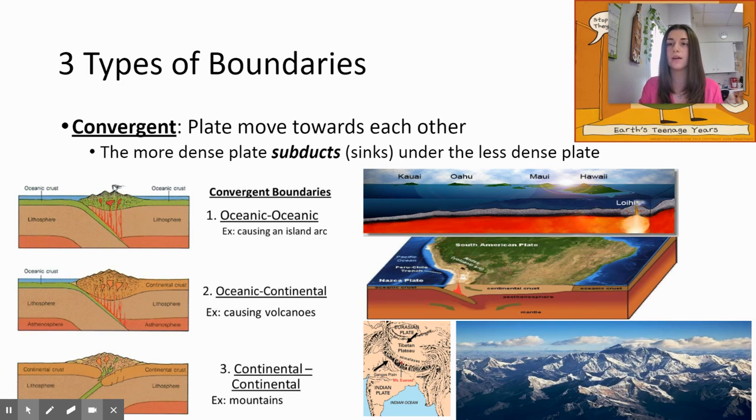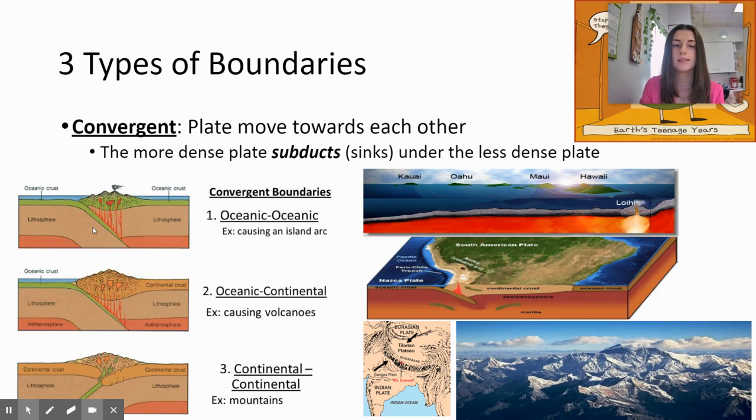Volcanic island arcs are little volcanoes in the middle of the ocean. An example of this is Hawaii. As you know, Hawaii is basically in the middle of the ocean, and it's just little volcanoes all in the ocean. And these also cause trenches because, as you can see, one of the plates is subducting under the other.